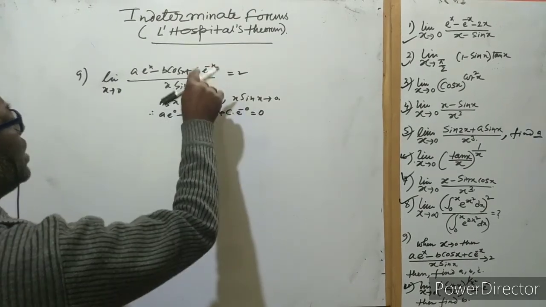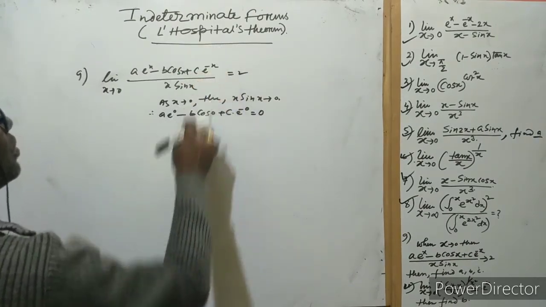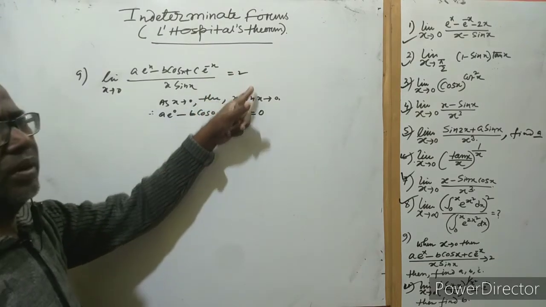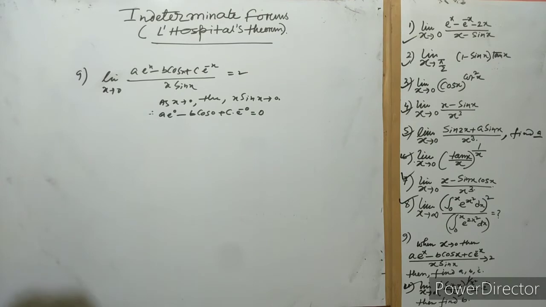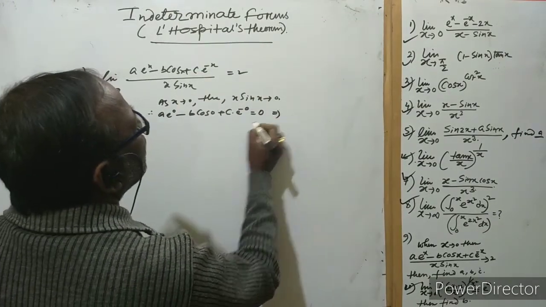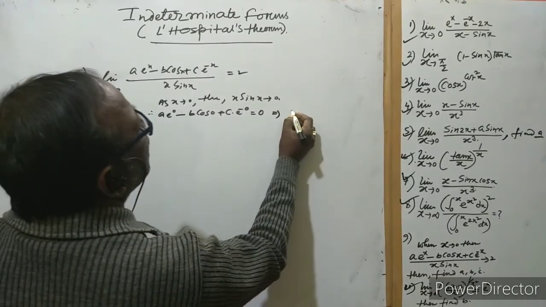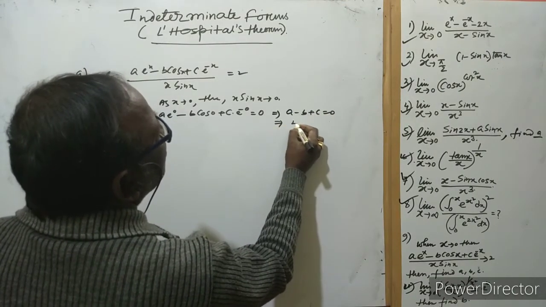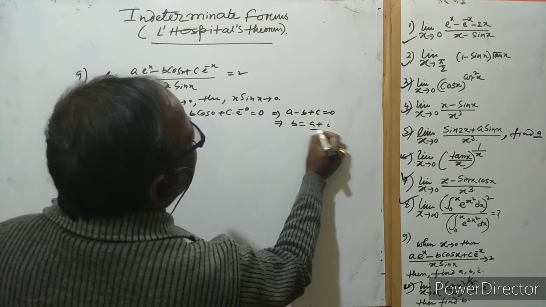If this 0 and this 0, then this is called 0 by 0. Then we have a finite value, given that the limit is 2 here. Okay, so that's why a minus b plus c equal to 0. So therefore b equal to a plus c.